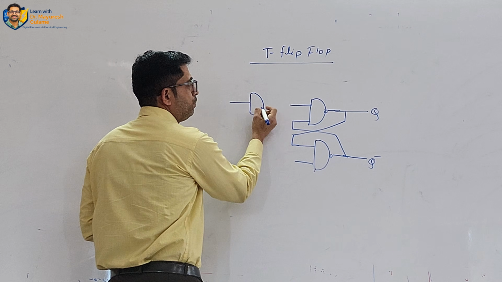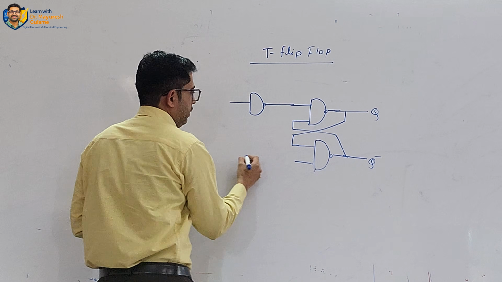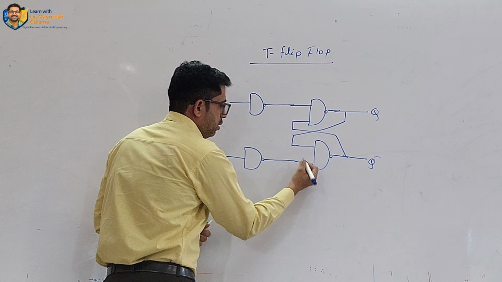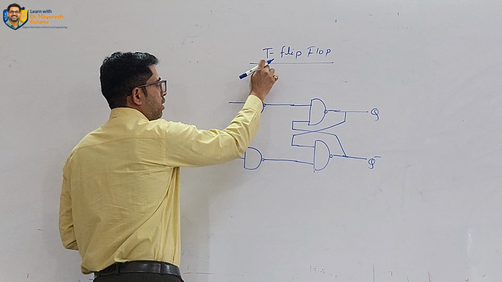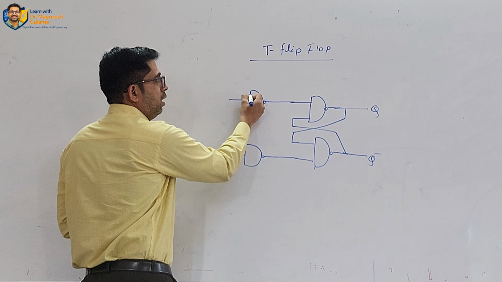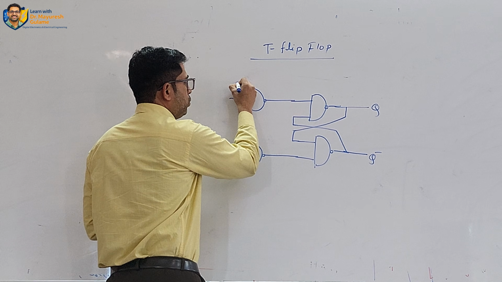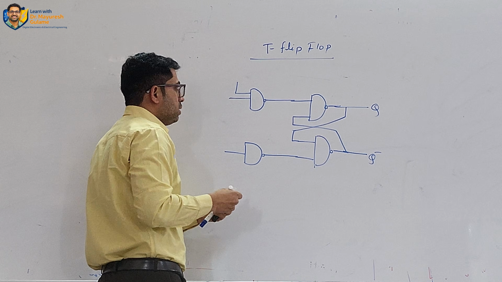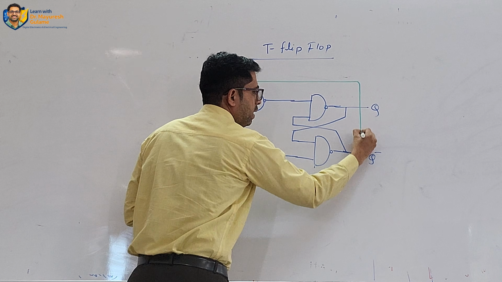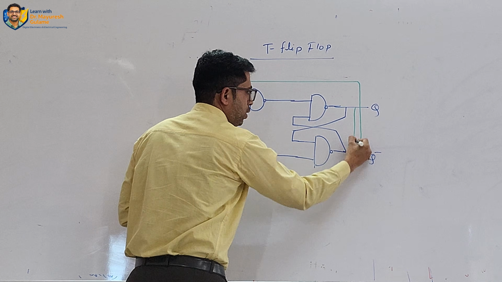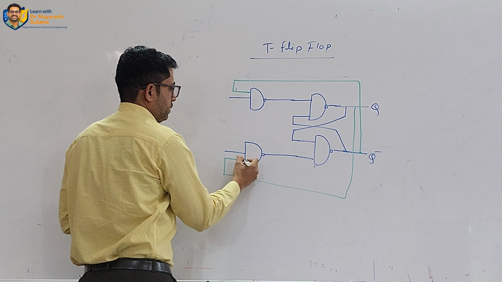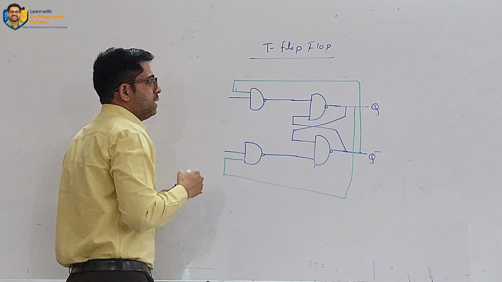So again, the diagram of the JK flip-flop, from which we are constructing the T flip-flop. This input is connected to the Q bar, that is the only change, and this Q is connected to the second input of this gate.